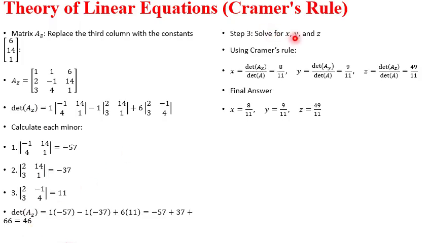So what we then do using Cramer's rule is to divide the determinant of AX by the determinant of A to get variable X, and that gives us 8 over 11.